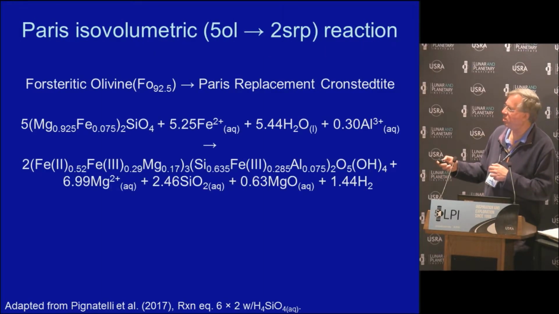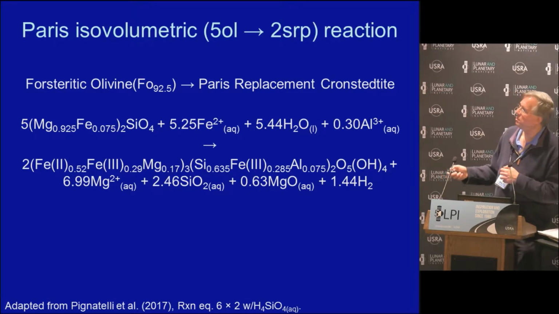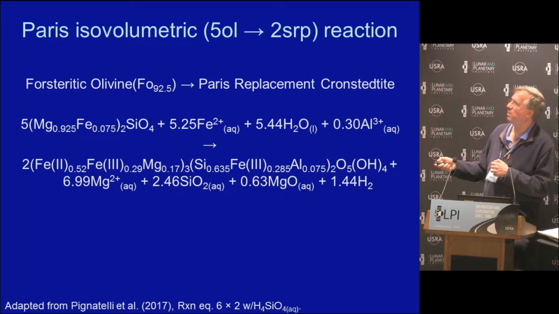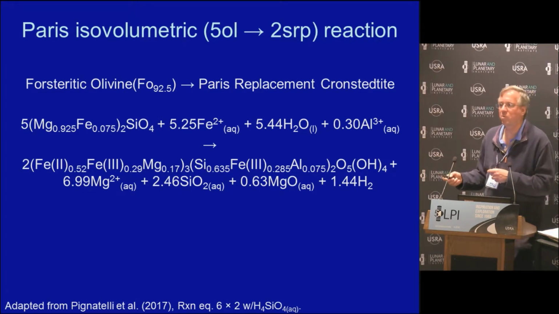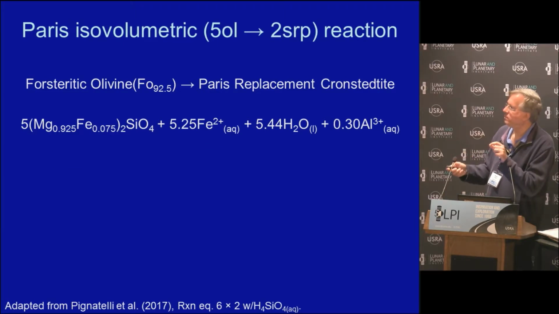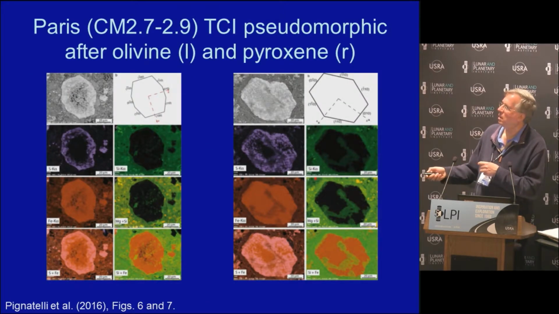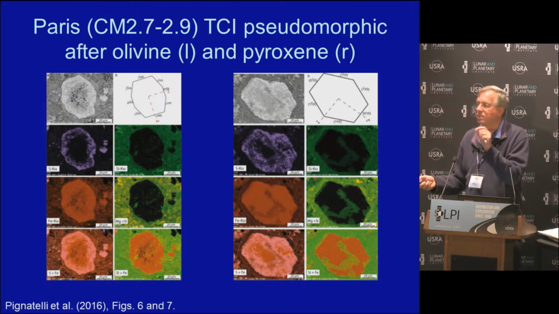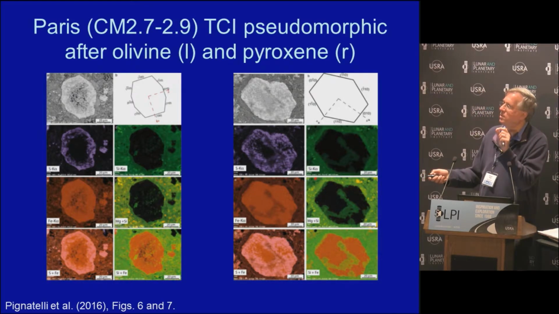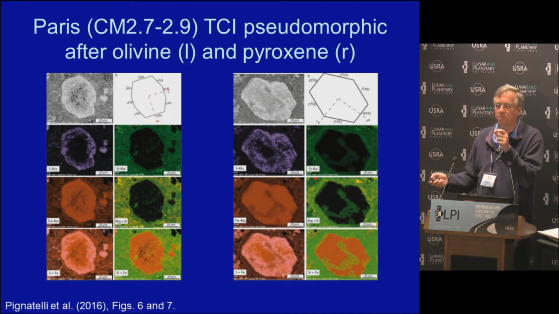Following a suggestion that I made to them based on work I had published about 3 or 4 years ago, I recommended to them they try an isovolumetric reaction. In the case of the replacement, and only in that case, I'm going to make the argument that a volume of olivine is replaced by an equal volume of serpentine.